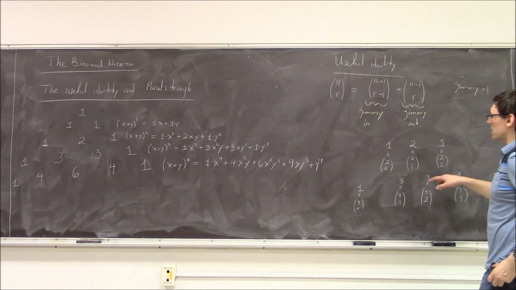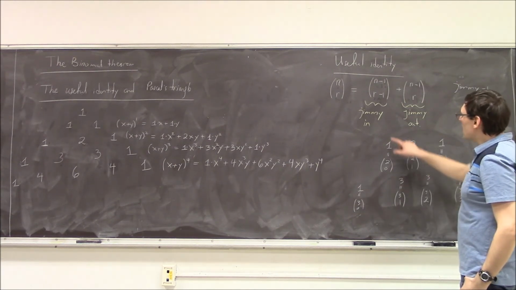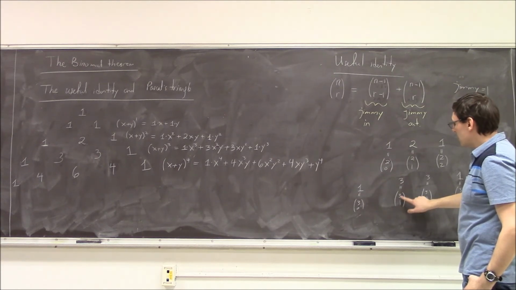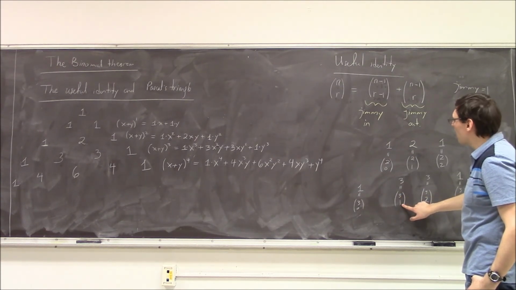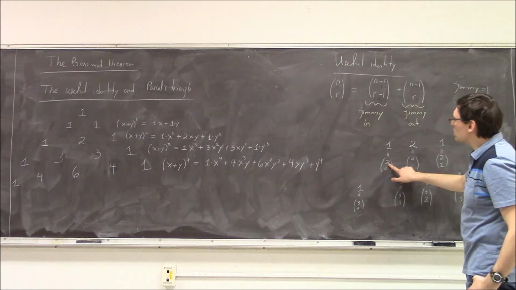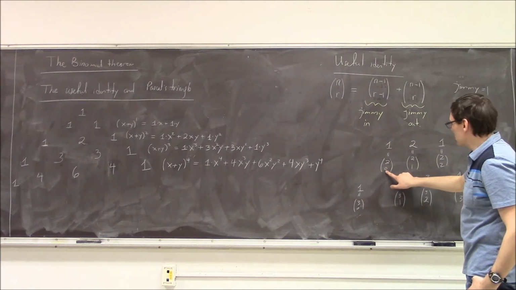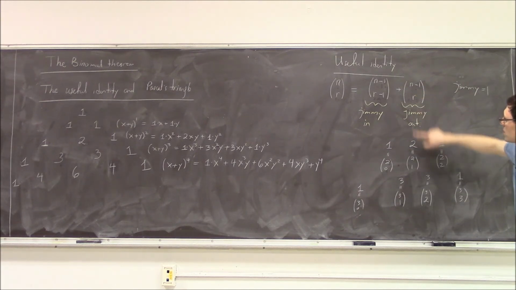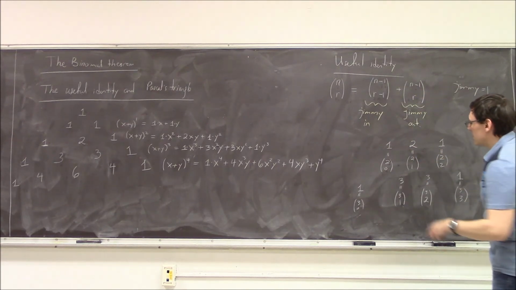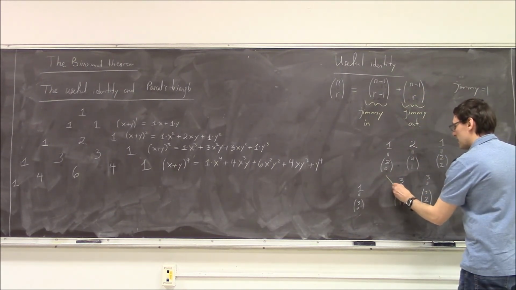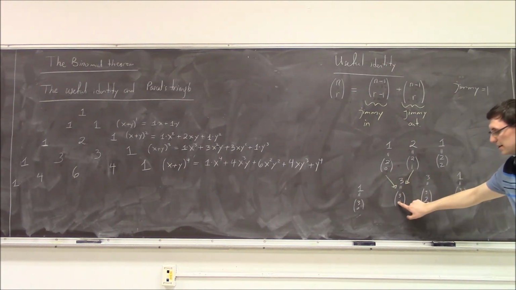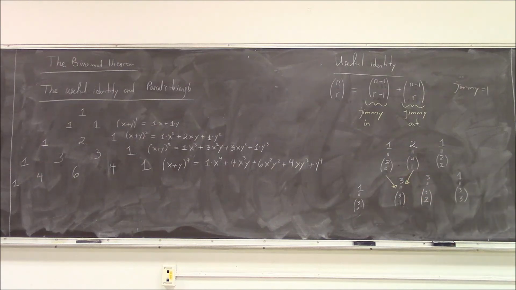The Jimmy formula tells us that if I want to know what 3 choose 1 is, 3 choose 1 is the sum of 3 minus 1, which is 2, choose 1 minus 1, which is 0, plus 3 minus 1, choose 1. So you see, the sum of those coefficients will give us 3 choose 1.